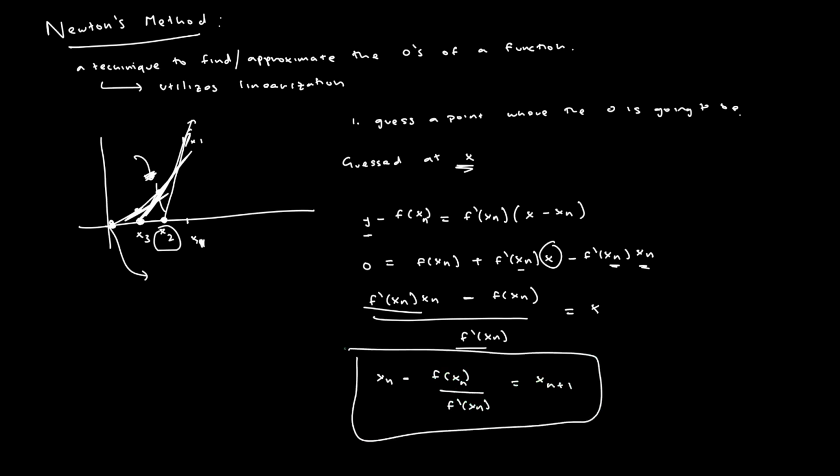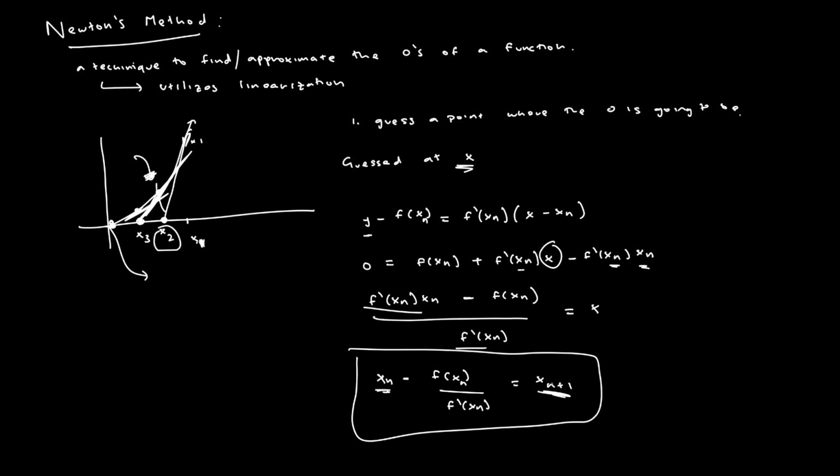Essentially, given our nth guess is xn, we now solve for our next guess, which is xn plus 1, and that's our new guess of where the 0 is going to be.